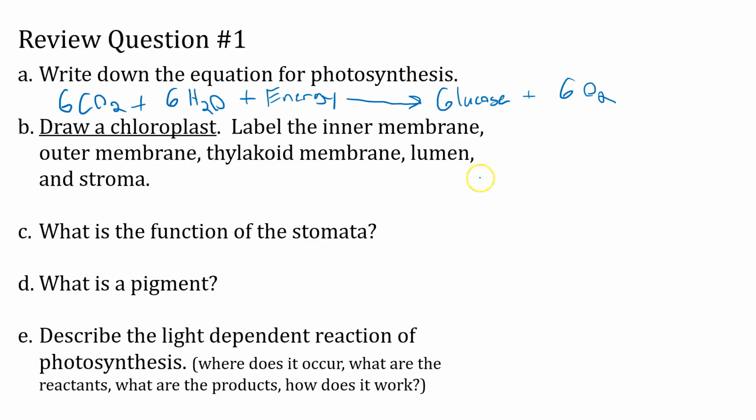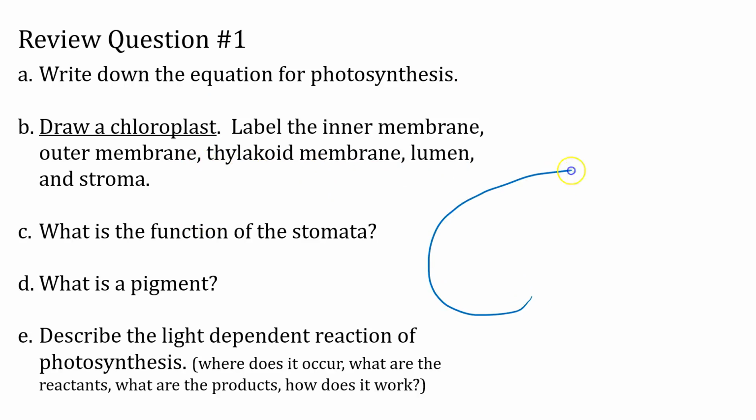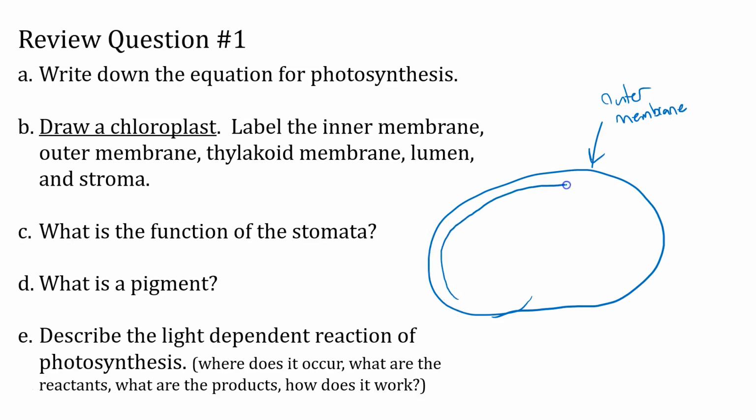Draw a chloroplast. A chloroplast looks something like this. There's an outer membrane, and this membrane would be a phospholipid bilayer. Then there's another membrane, an inner membrane.